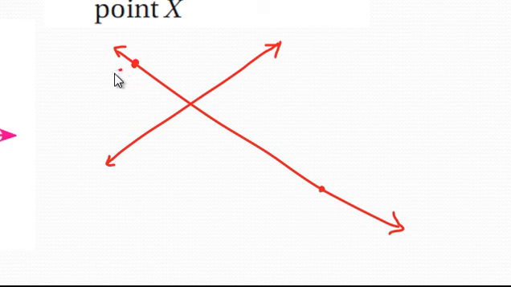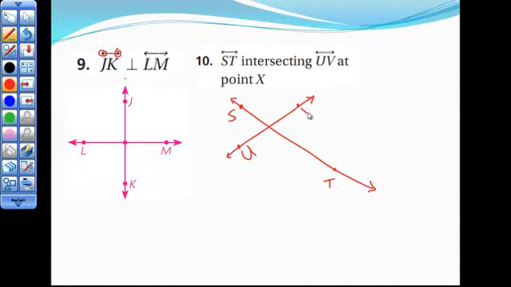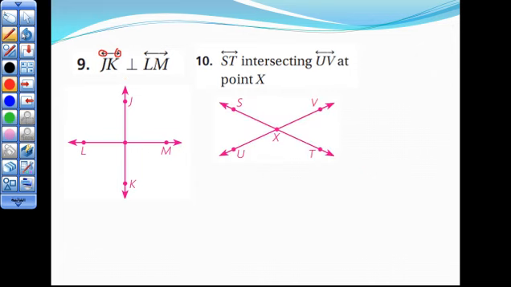The first one is S, T, and the second one is U, V. I draw them like this, and if you do it like me, you are right. So I will show you my drawing. Yes, it's right. They are intersecting at point X.